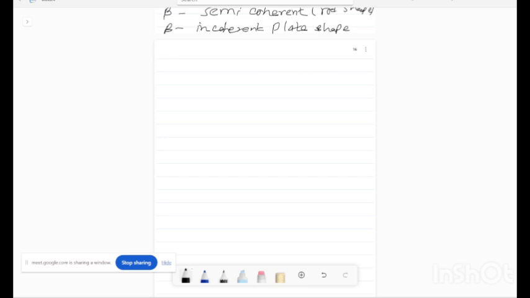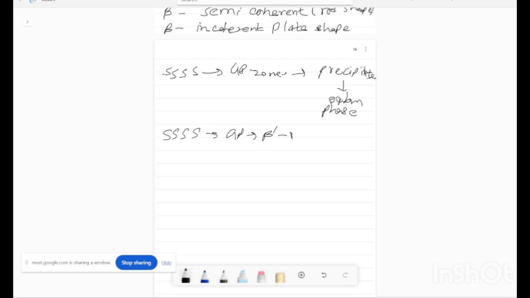So now we know the precipitation sequence follows the path as the supersaturated solution, then first GP zones are formed, then precipitate particles are formed, then equilibrium phase is formed. So the 6000 series alloy follows this route as GP, then beta prime and beta.